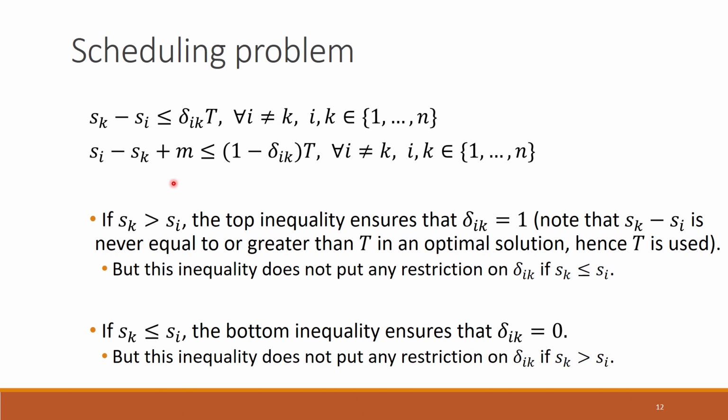So, whether delta Ik takes value 0 or 1 does not matter, and that is why, when Sk is greater than Si, in order to ensure that delta Ik is equal to 1, we have the top constraint. So, together both of these constraints ensure that when Sk is greater than Si, delta Ik is forced to be 1, and when Sk is less than or equal to Si, delta Ik is forced to be equal to 0.